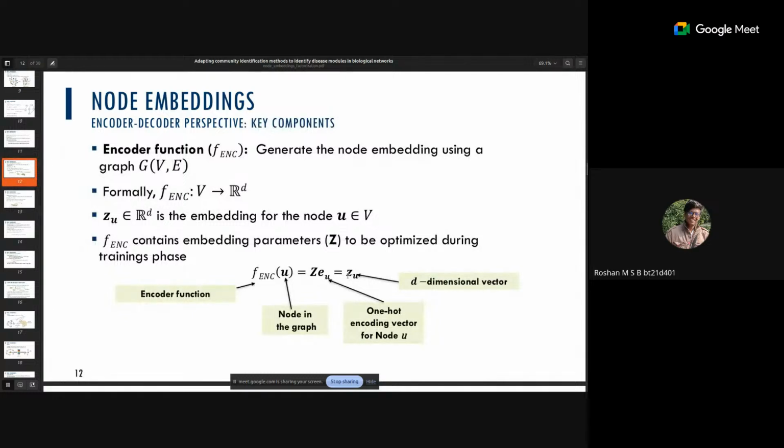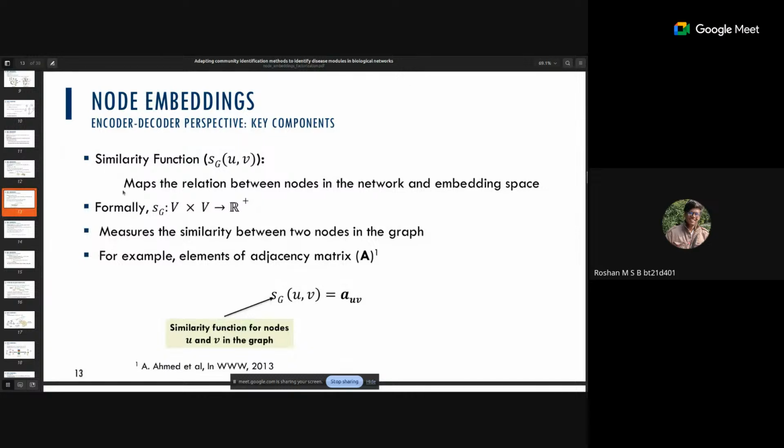So this is how it works: you have an encoder function for each node in the graph that maps it to the corresponding d-dimensional vector. And how do you use this similarity function? You have two adjacent nodes in the graph and you get the corresponding elements in your adjacency matrix.